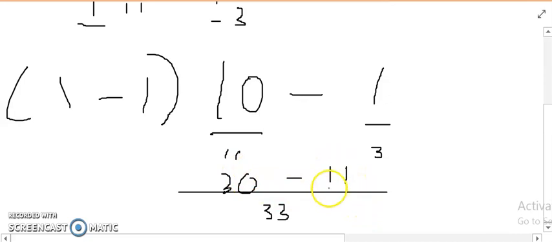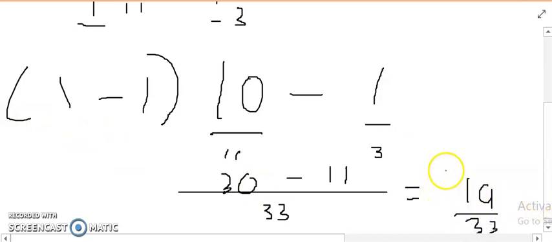Now 30 minus 11 gives us 19 over 33. And 1 minus 1, that's 0.